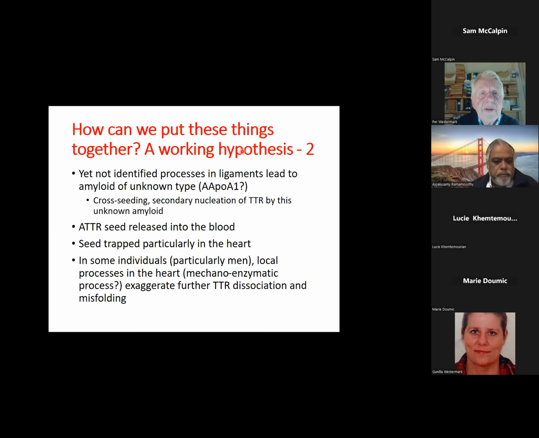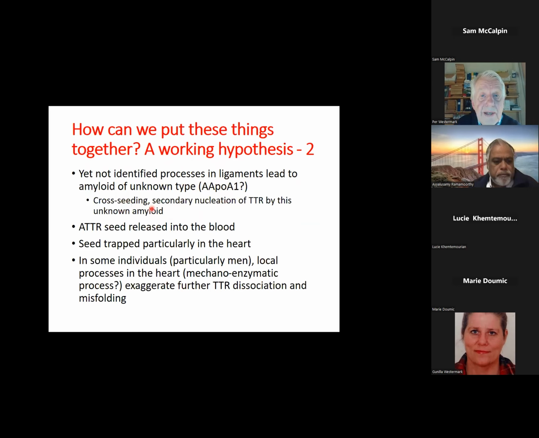But how can we understand the changes in the ligaments? We think that it may be another protein, another amyloid, that starts the whole thing. We can't prove that, of course, but it's a working hypothesis. APOE1 has been shown to be present. Could be that, could be another protein as well. We are working on it.